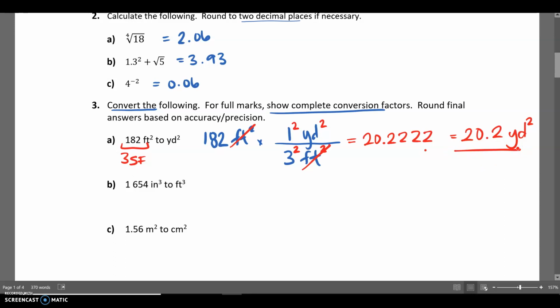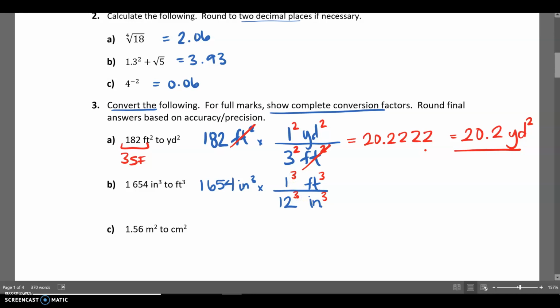We'll look at similar steps for the next question. I want to convert 1,654 cubic inches to cubic feet. So I start with my measurement, 1,654 cubic inches. I want to convert that to cubic feet to cancel out units. Inches will need to be on the bottom, feet on top. I know my linear conversion, 1 foot is 12 inches. If I want to convert that to a cubic conversion, so I have cubic inches and cubic feet, I cube the numbers in the conversion factor as well.